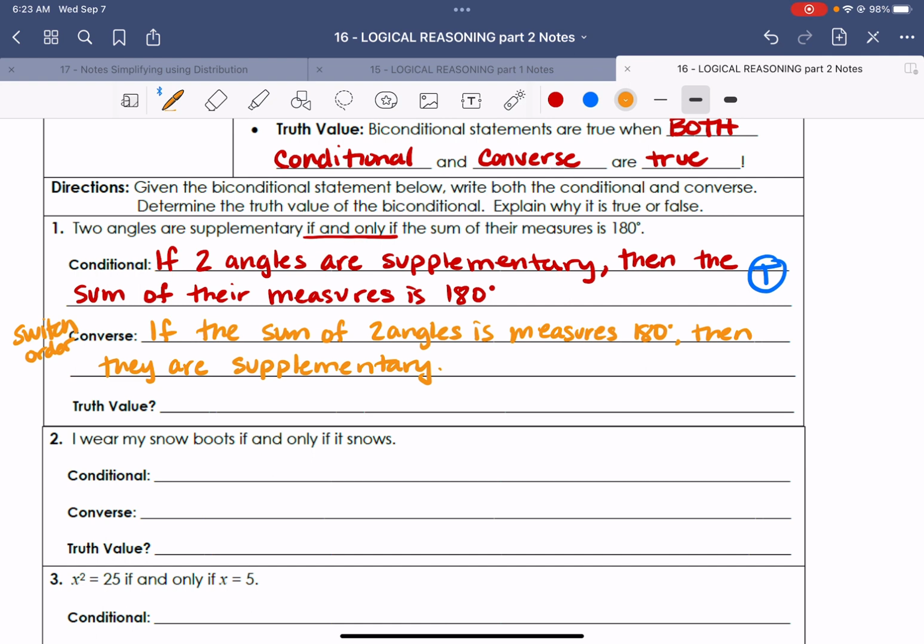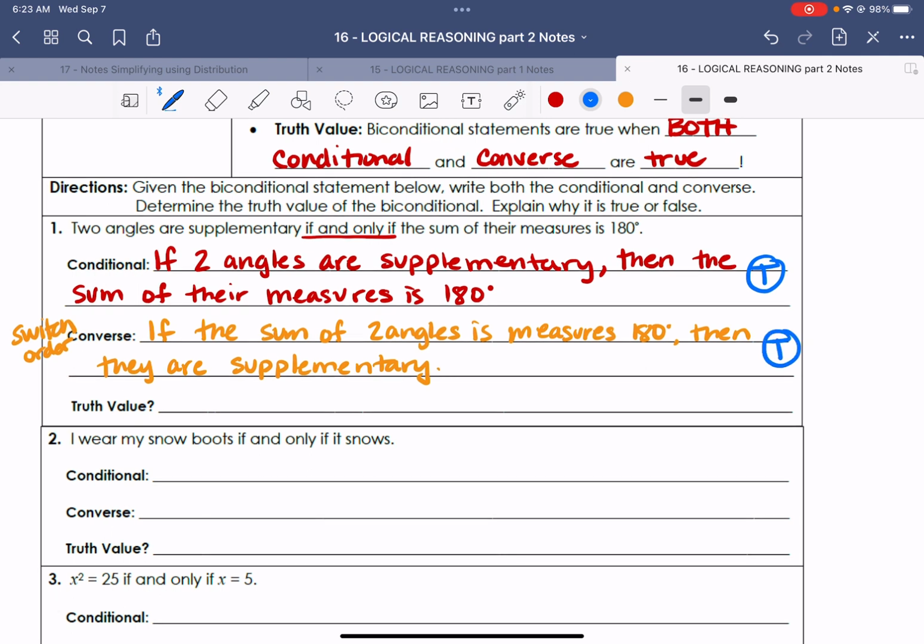Okay, so is that true? If two angles measure 180, then they're supplementary? Yeah, that's also true. So then the truth value overall is true. Remember, both parts have to be true for it to be true.